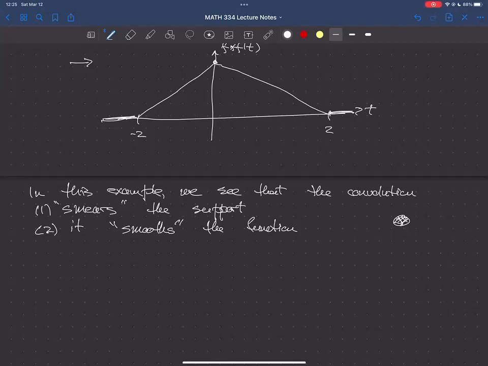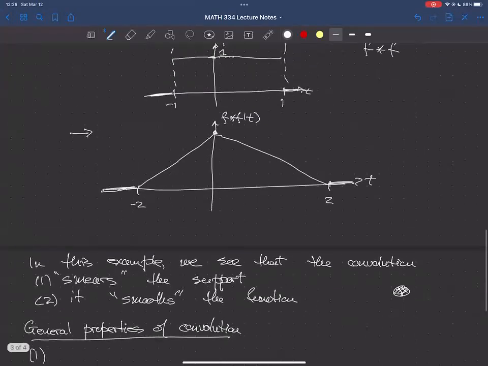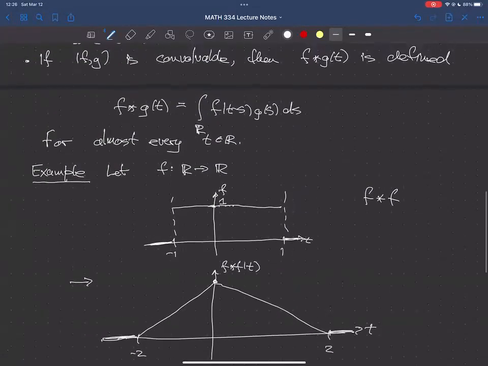Let me now give some general properties of convolvable pairs. The first is the convolution when it exists, because you can have f's and g's that are not convolvable.